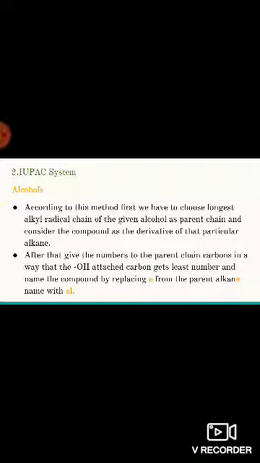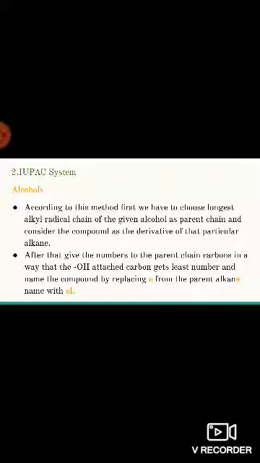After completion of giving numbers, we have to find out the corresponding hydrocarbon, that is the alkane name. From that alkane name, we have to remove E and add the OL suffix.